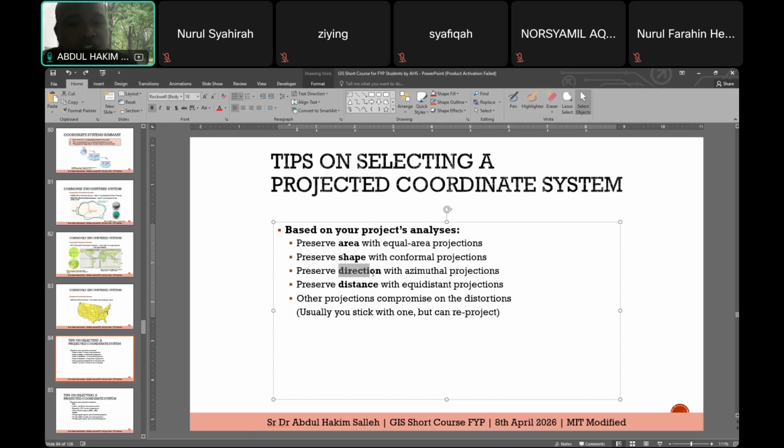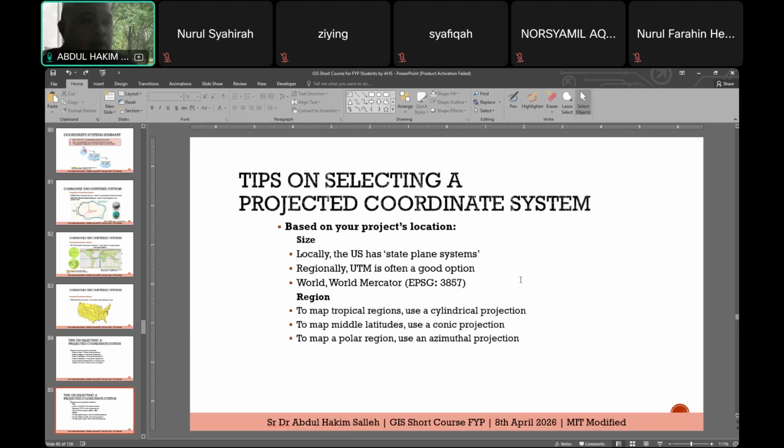If you preserve the directions, it will not preserve the distance. That's why nobody has been able to develop an algorithm that perfectly represents the reality of the Earth, not yet. Tips on selecting a projected coordinate system are, of course, based on the size and the region. This one is much deeper, so I'm not going to touch on it.